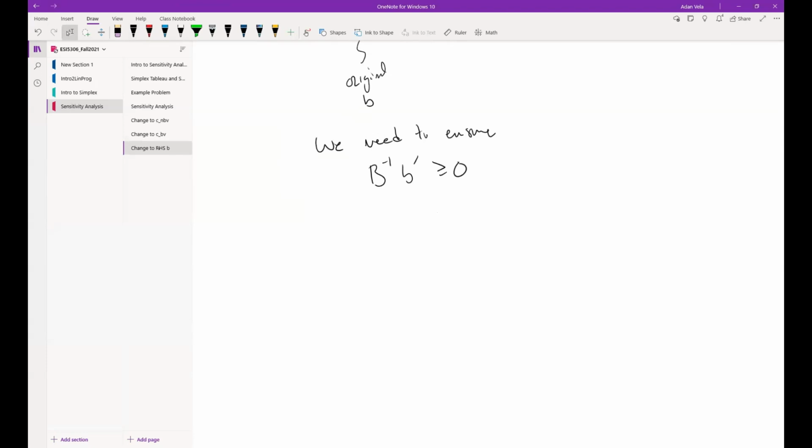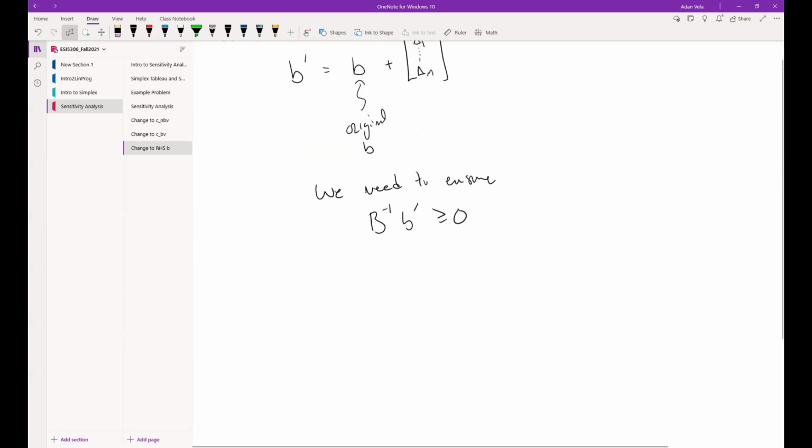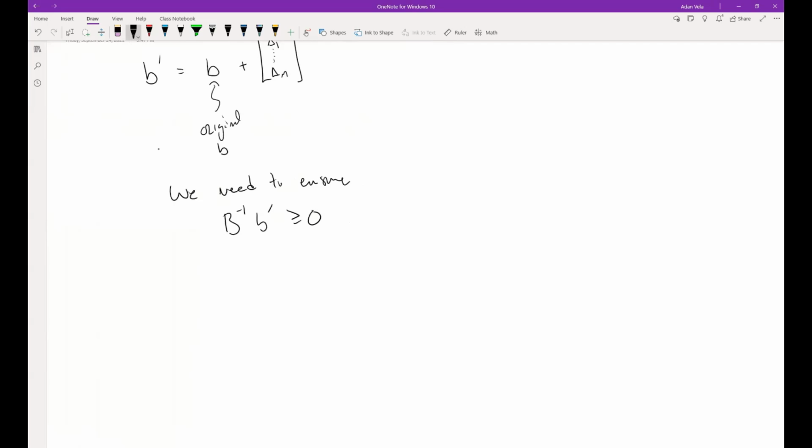And so we could do this pretty quickly. So in the example problem, we already know our B inverse. So that's 1, 2, 8, 0, 0, 2.